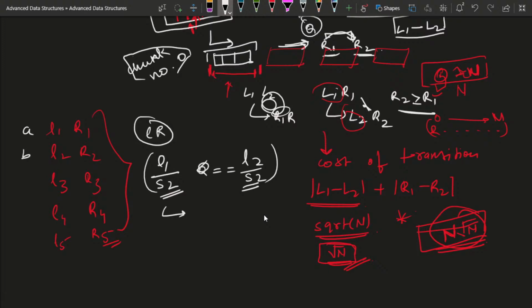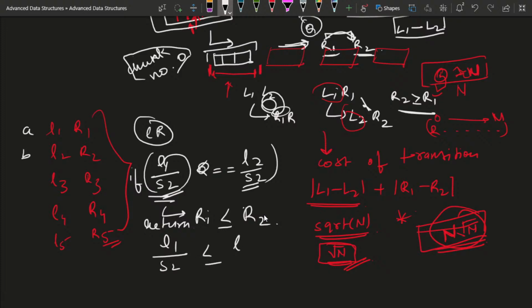Here this is the left block, but this is the right end. So I sort on the basis of the right end. And if it is not the case, I am going to sort on the basis of the block number.